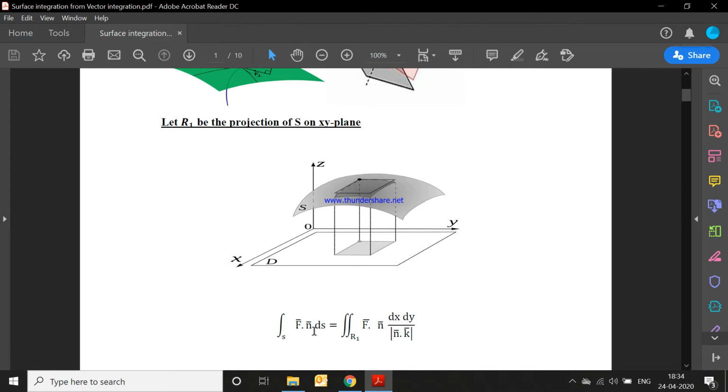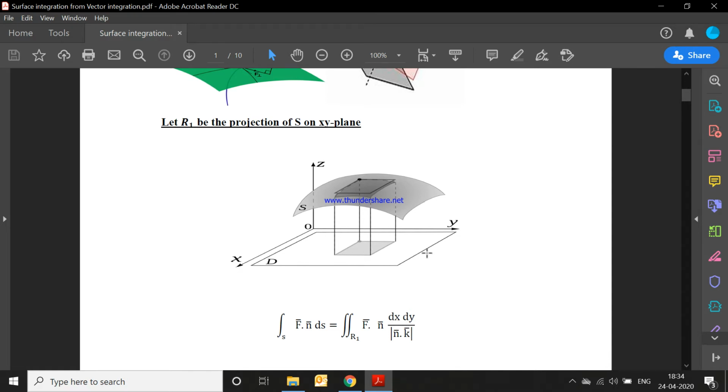The formula for the surface integration with projection on the xy plane is integral over S of f bar dot n bar ds is equal to double integral over R1 of f bar dot n bar dx dy by modulus of n bar dot k bar.